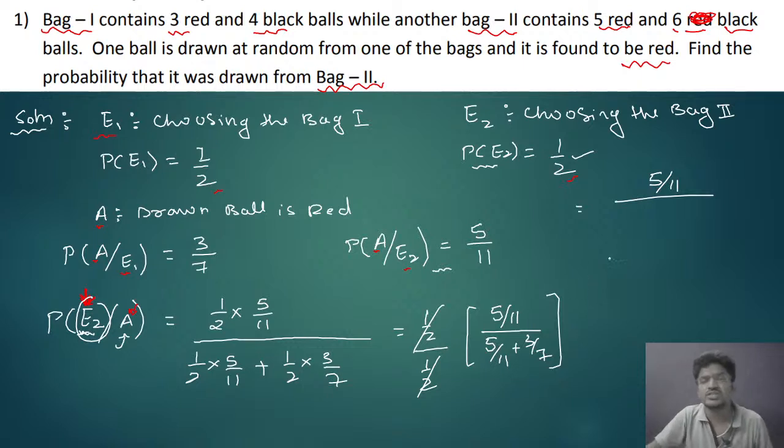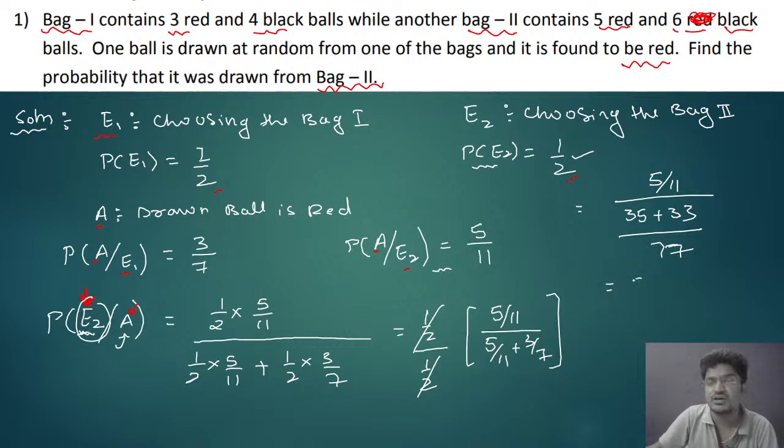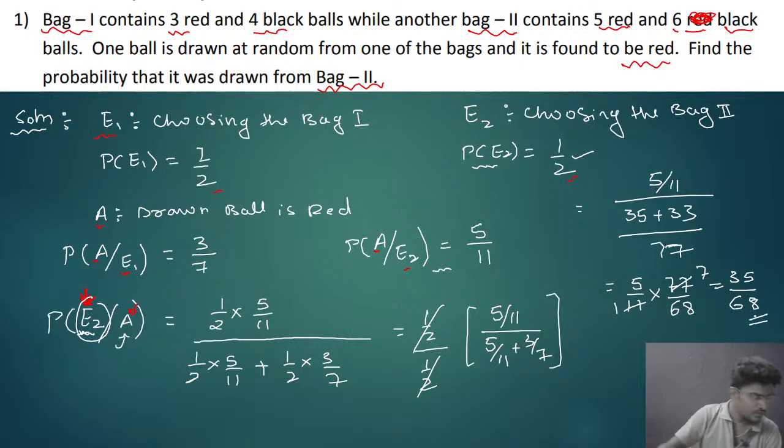So here 5 into 7 is 35 plus 3 into 11 is 33, divided by 77. 35 plus 33 is 68. Therefore, we get 5 by 11 into 77 by 68. 11 into 1, 11 into 7. So 35 by 68 is your answer. 35 by 68 will be your answer.